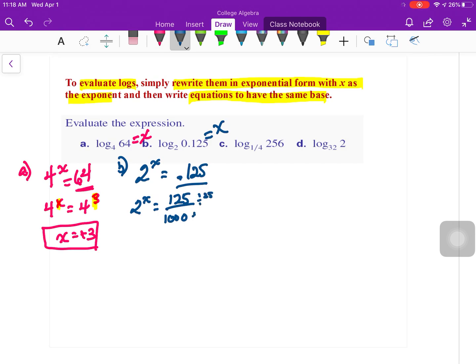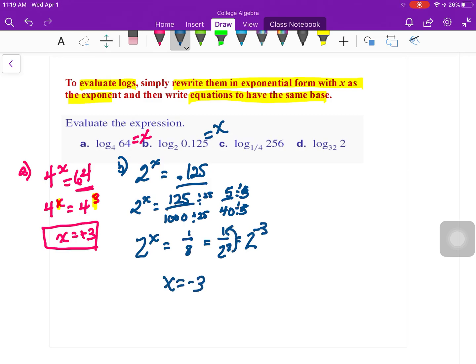If I divide both of these by 25, I get 5 over 40, which I still divide by 5, gives me 2 to the x equals 1/8. Well, that's 1 over 2 cubed, which is 2 to the -3, because I got to bring it up. So x is -3.